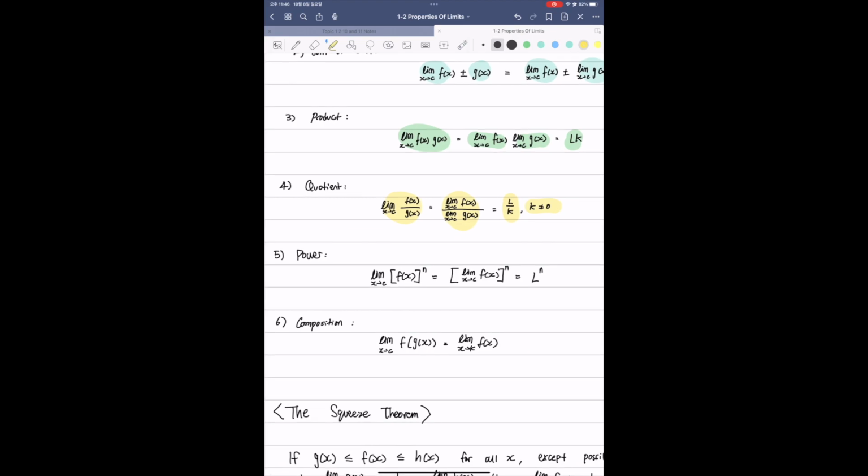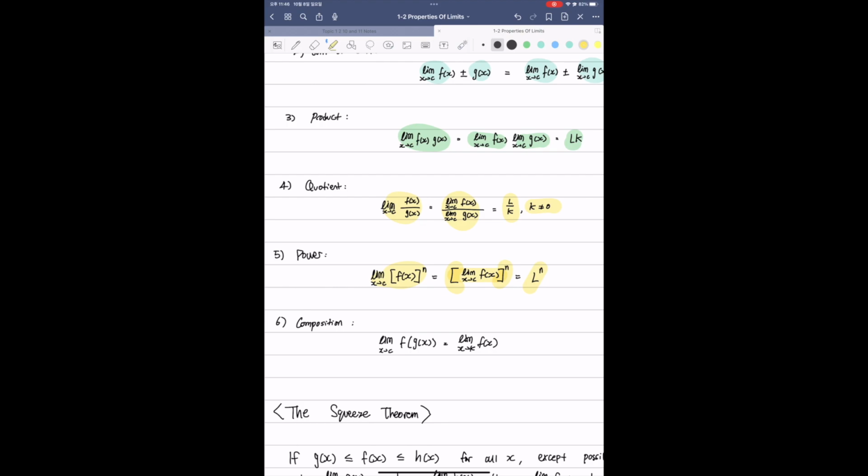Sixth, power. The limit of f(x) to the nth power equals the whole bracket of the limit of function f(x) to the nth power, and this equals L to the nth power.